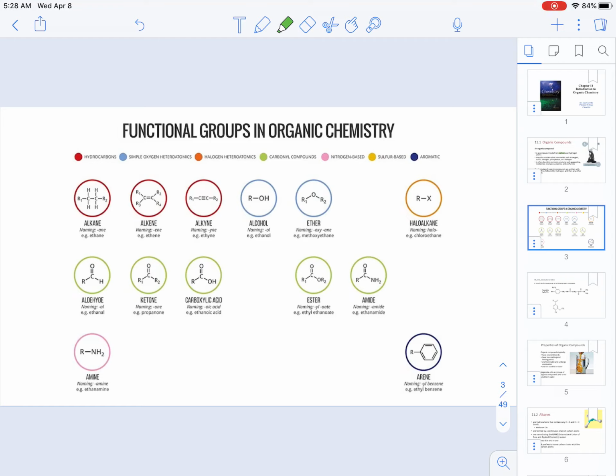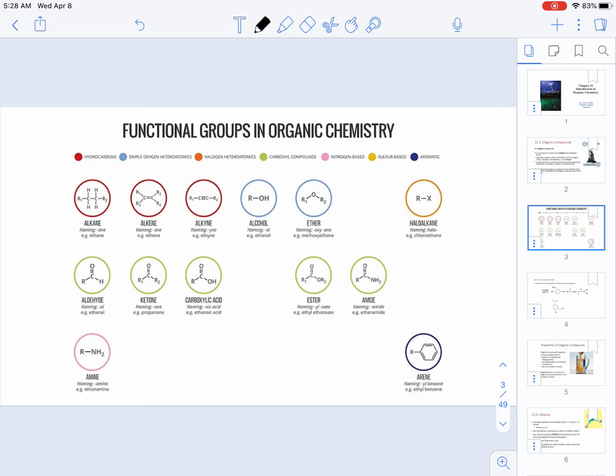So let's first recognize that these functional groups are going to be composed of different families, and those different families are going to be given by those circles that we have in the functional group.